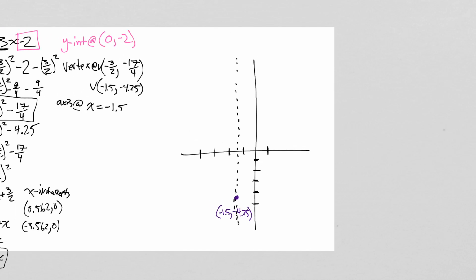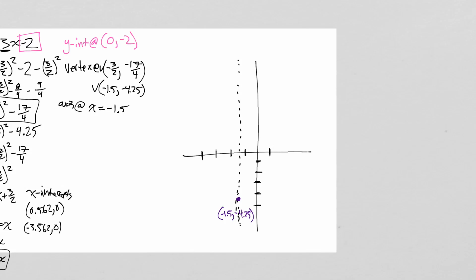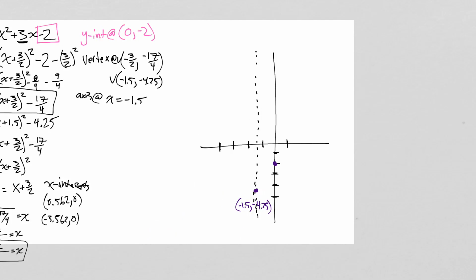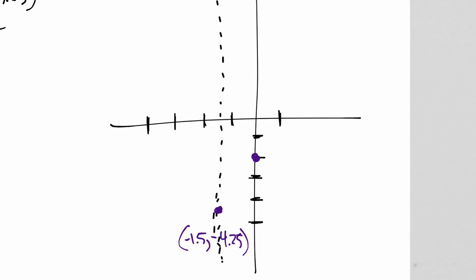And what other points do we know? We know that the y-intercept is at (0, -2), so I can put that right there. So notice we're looking kind of steep there, but that's just because of our scale. And what other point do I get? If that's (0, -2), think about it. How far away am I from that axis of symmetry?